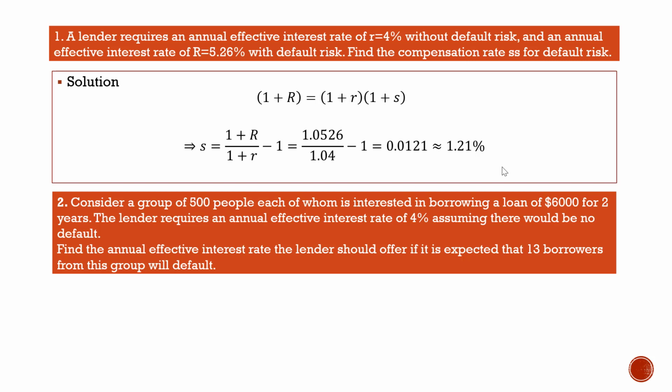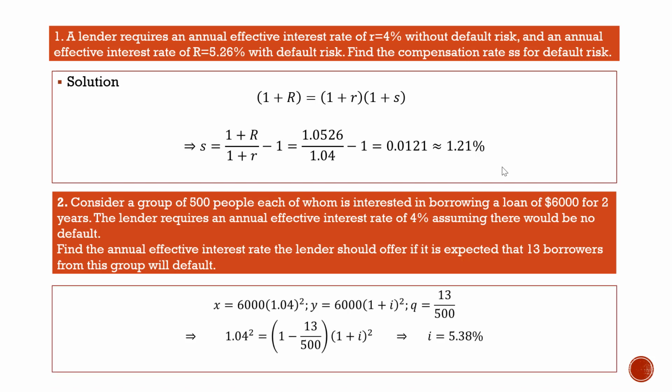So here the question gives you the interest rate without default and asks for the interest rate with default. So remember, X is equal to (1 minus Q) times Y. X is the amount received if there is no default.